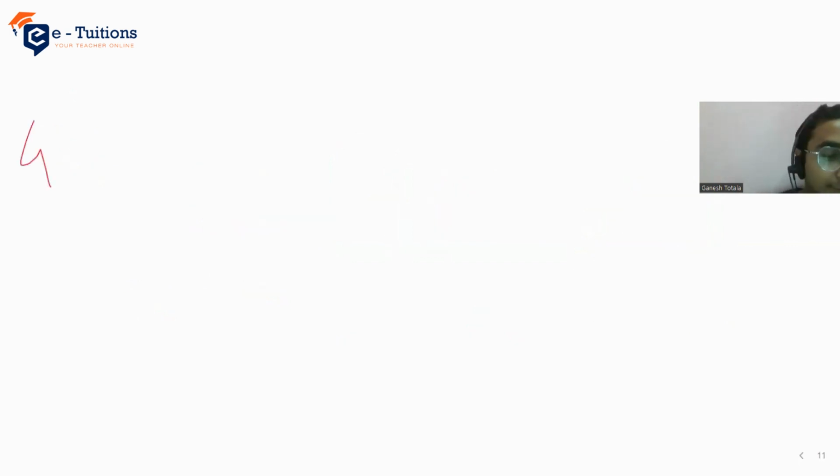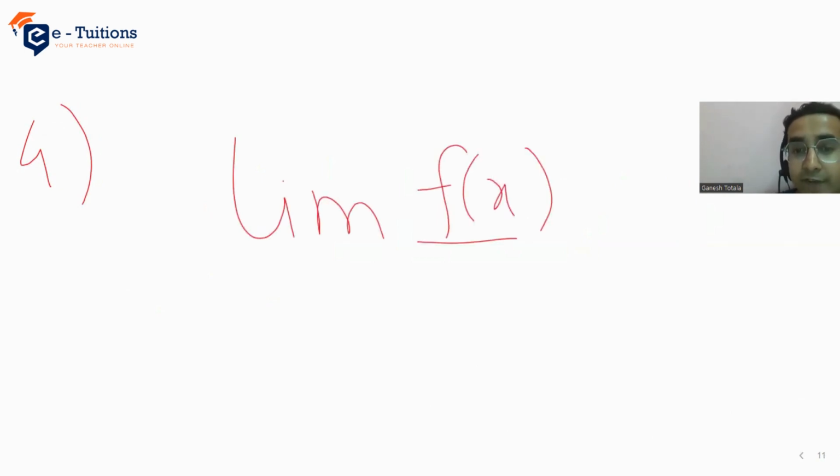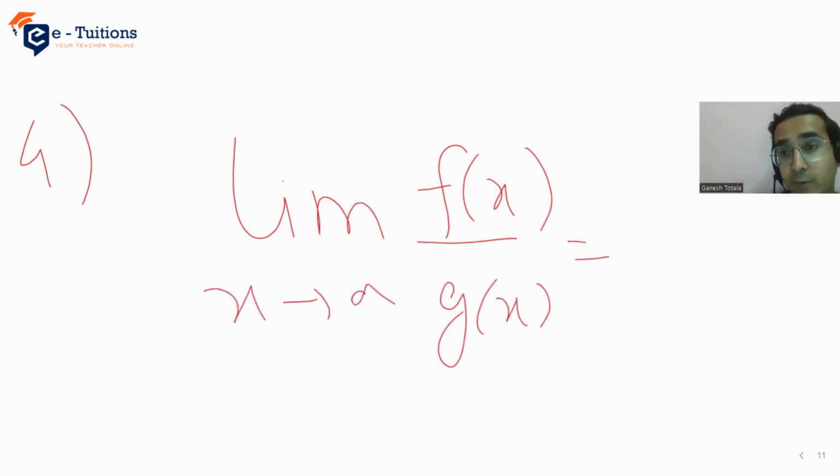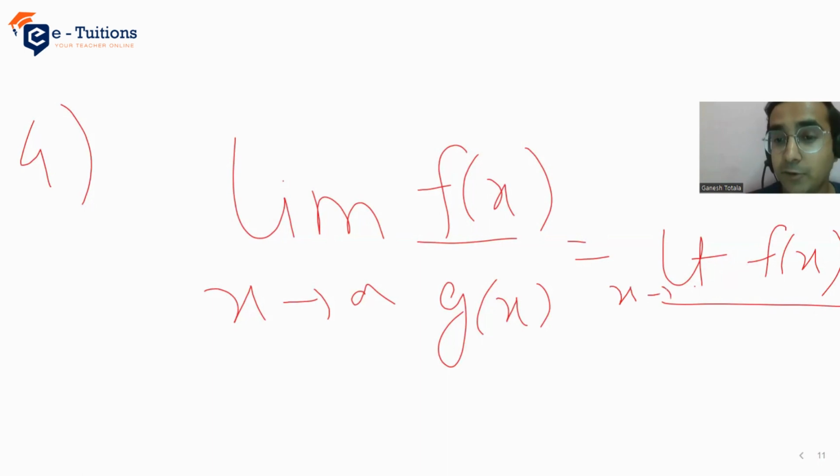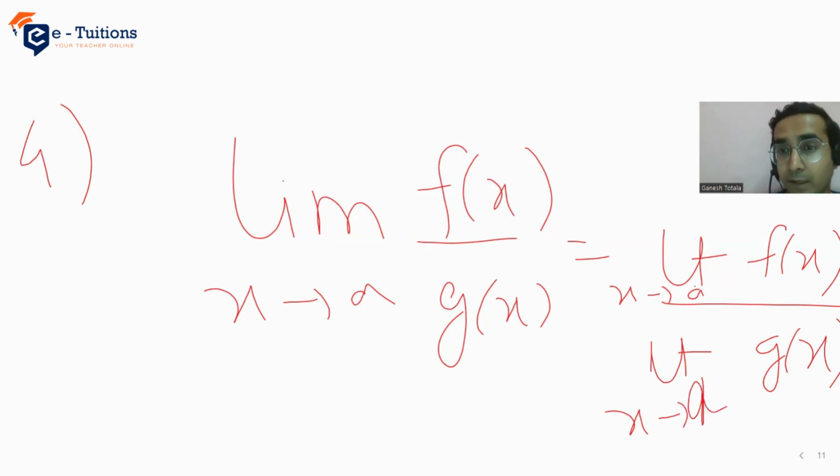The fourth theorem is about division: limit of f of x upon g of x as x is tending towards a will be equal to the limits of the individual numerator and denominator. So this will be limit of f of x as x is tending towards a upon limit of g of x as x is tending towards a. So these are four easy theorems.